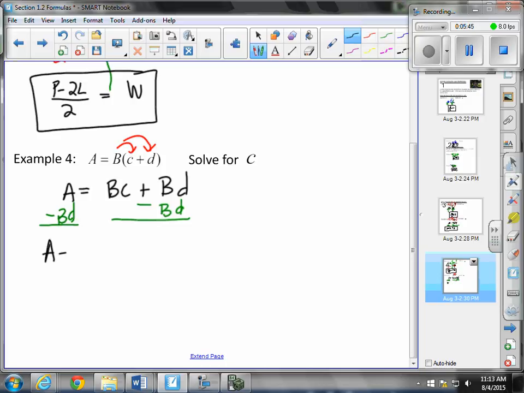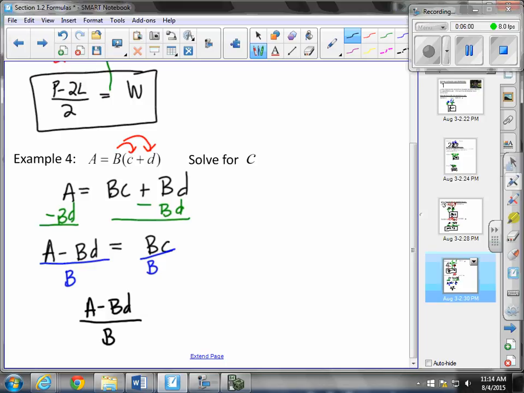A minus BD equals BC. And to get C by itself, we need to divide both sides by B. A minus BD divided by B equals C.